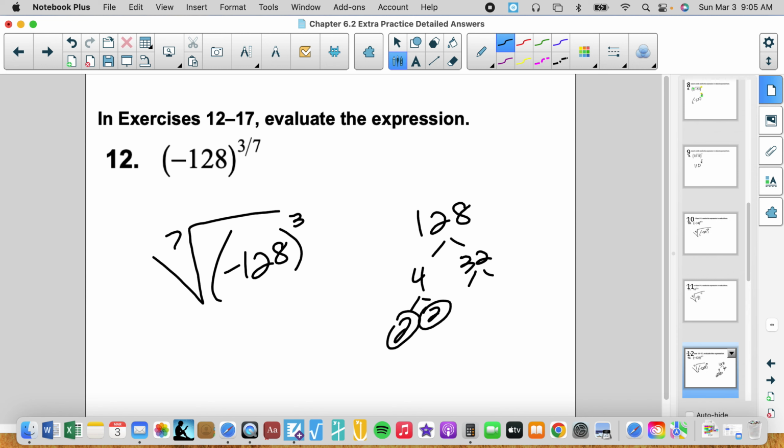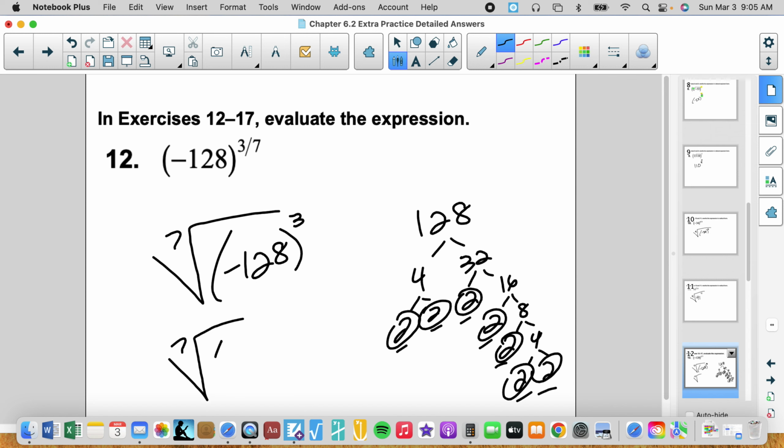I didn't know 128 was a power of 2. 2, 16, 2 and 8, 2 and 4, 2 and 2. And that gives us 1, 2, 3, 4, 5, 6, 7. So that would be negative 2 to the 7th, to the 3rd.